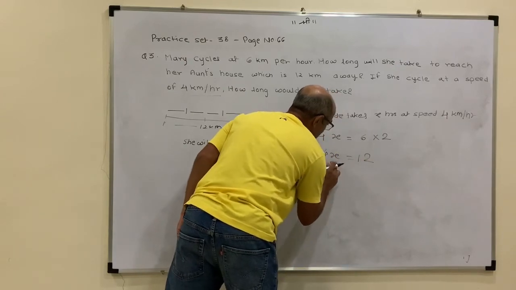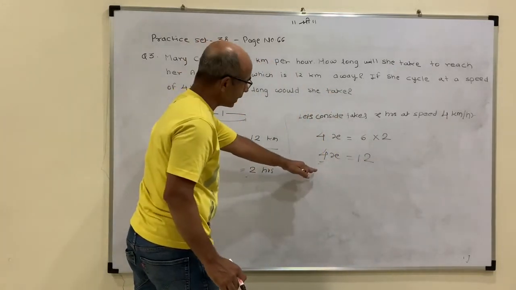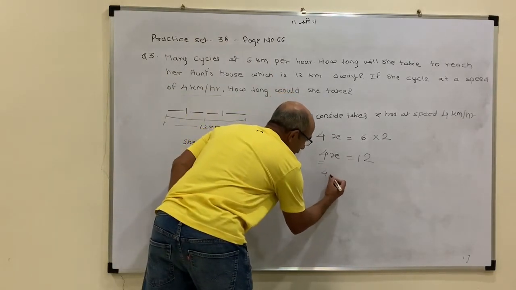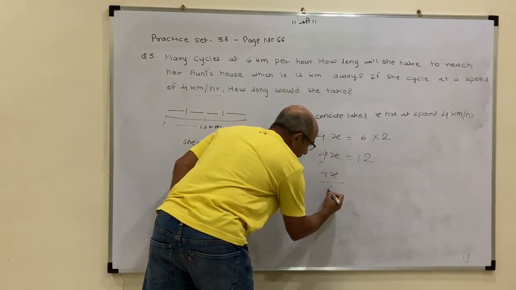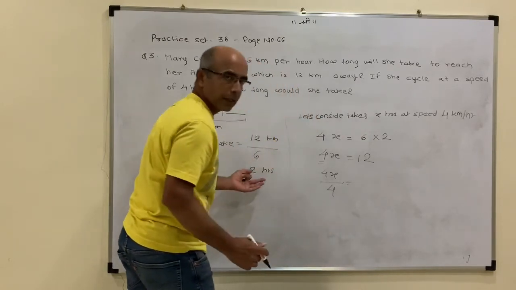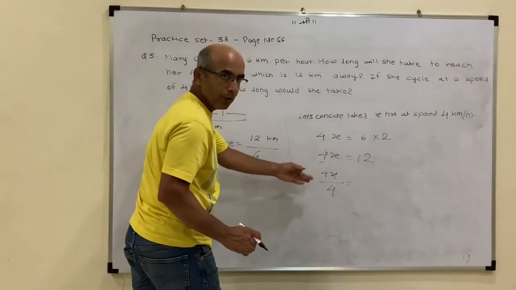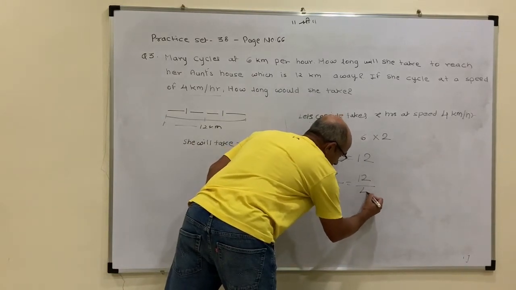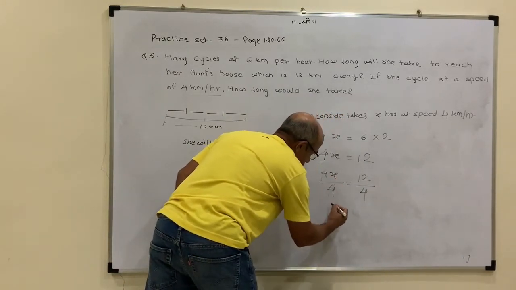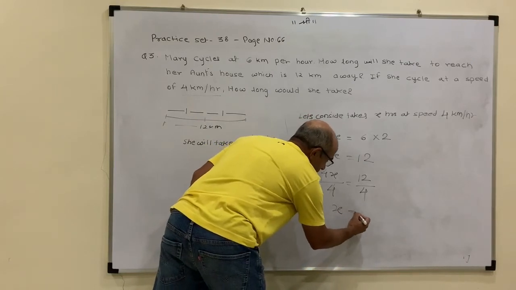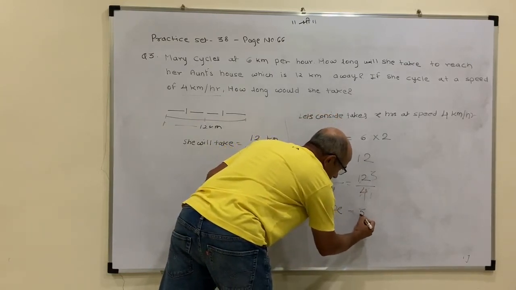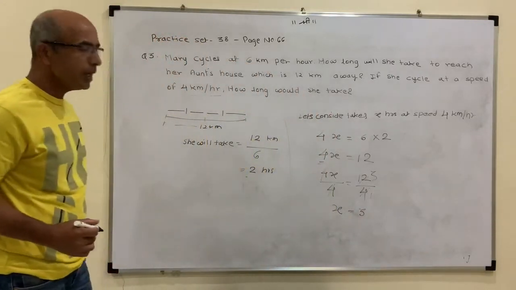Now to find the value of x, I need to isolate x. So 4 is multiplied over here, so I divide by 4 on the left hand side. And since I am dividing on the left hand side, I have to do the same operation on the right hand side. The 4 is gone. So x is here, 4 3s are 12. So the value of x comes out to be 3.